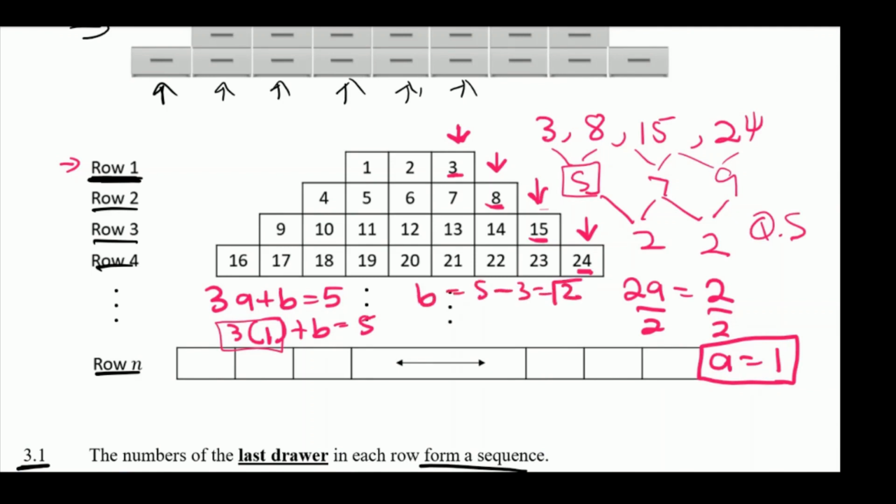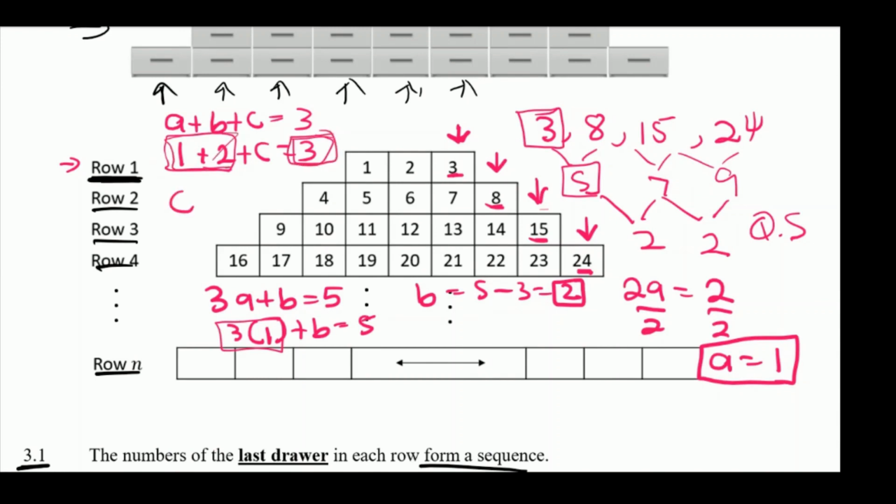So our b value is equal to 2, and then a plus b plus c is equal to the first term, which is this one here, 3, and our a value is equal to 1, our b value is equal to plus 2, and our c value. So we're going to transpose this to the other side, and you'll find that 3 minus this 3 here will give you c being equal to 0.